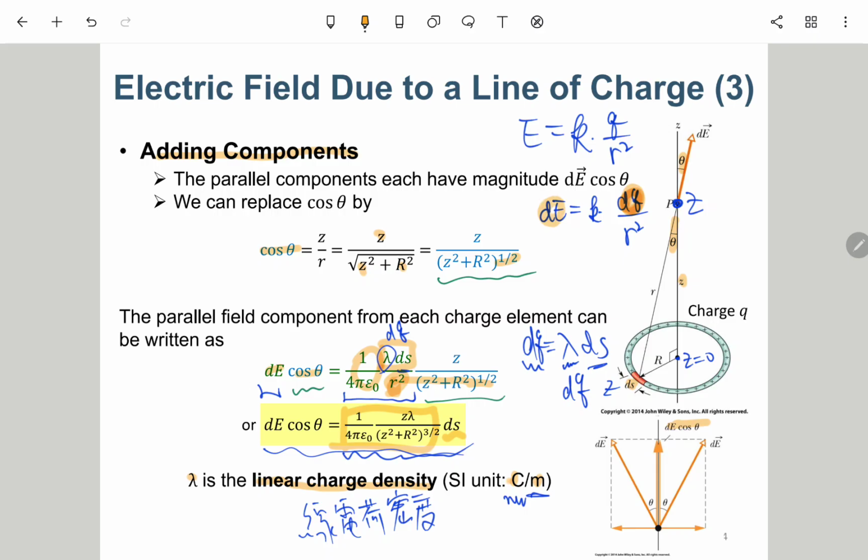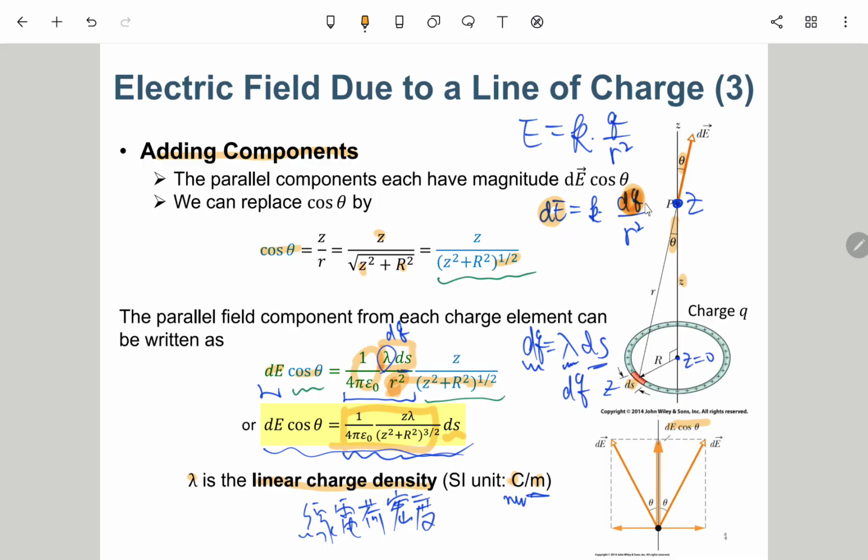Okay, although you have learned the calculus, you know, d is some evil thing, but actually you just consider dq and de as just two variables. So this dq is a point charge. And then we consider the E field dE generated by this ds, and the distance is small r.